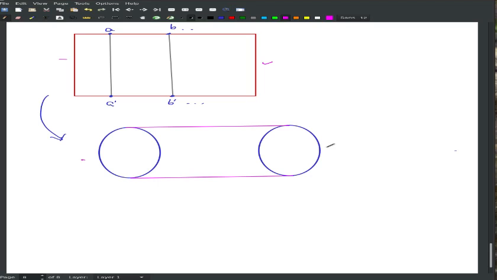This edge would become this kind of a circle, and the rest is going to become continuous. So you see, you can make a cylinder from here, and then you can go further.